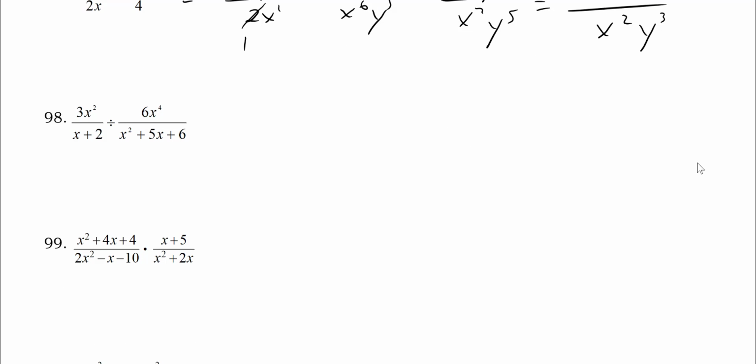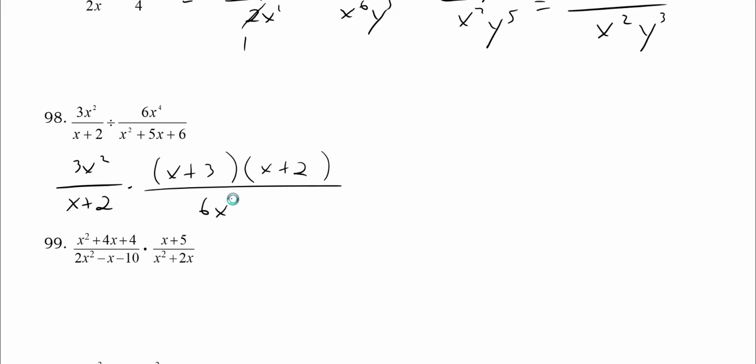Okay, let's rewrite it. So 3x squared over x plus 2 times its reciprocal. So I'm just going to factor that right away: x plus 3, x plus 2 over 6x to the 4th. All right, the x plus 2's cancel. The x squared cancels with this.